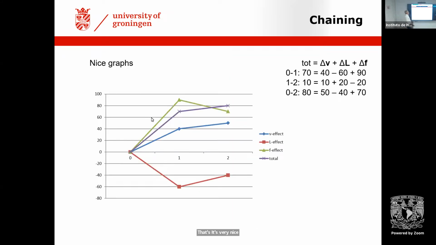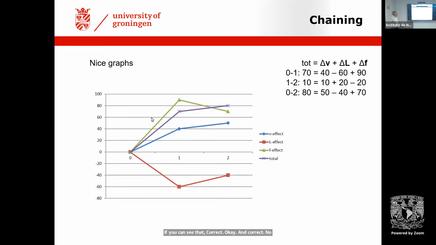So here I have the total, the increase of 70 in the first year and 10 in the second year. And here are the numbers. You can see the blue, red, and green. Fantastic. And correct, no problem at all.